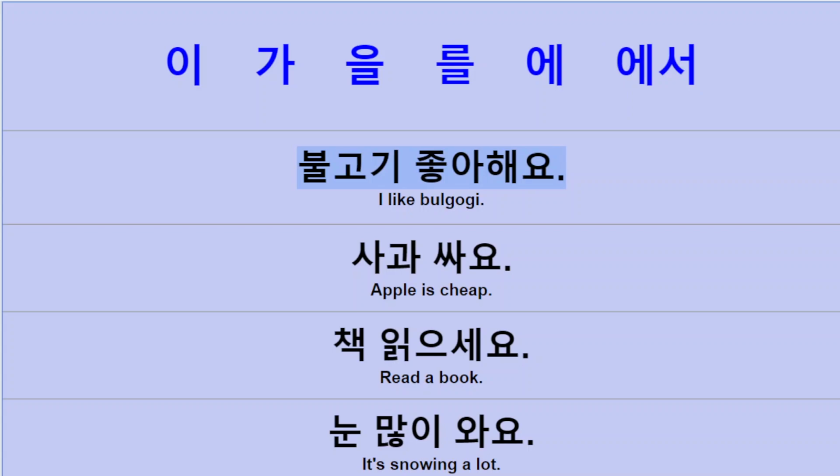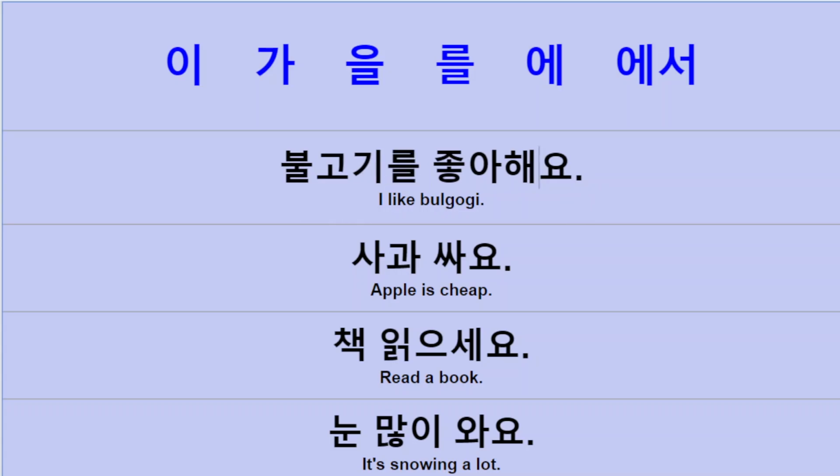Here we need to put the object particle, right? So the right one is 불고기를 좋아해요. 사과 싸요. Here 사과 is the subject, right? The apple is cheap, so 사과 is the subject. 사과 ends in a vowel, so I need to put 가 here.